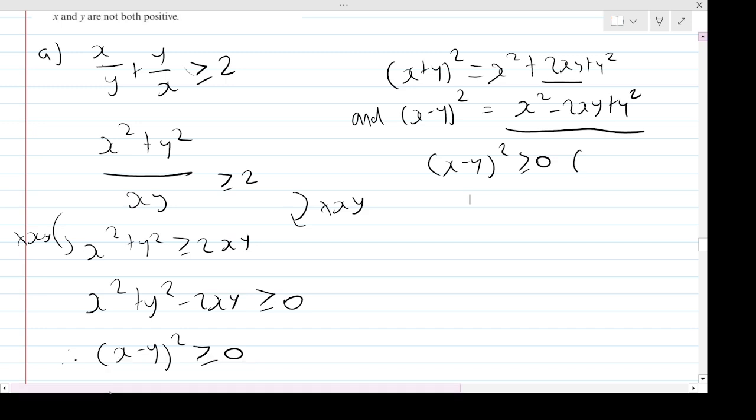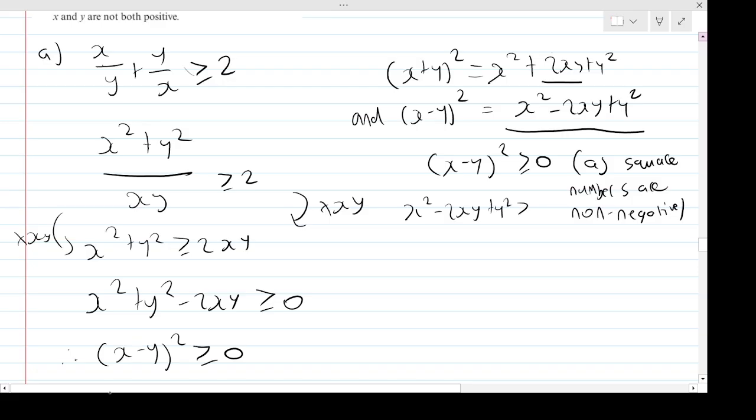And we know that's true as square numbers are non-negative. Okay, so they're at least 0. So they can't be negative. Then we're just going to reverse engineer. So we can expand the brackets to get x squared minus 2xy plus y squared is greater than or equal to 0.